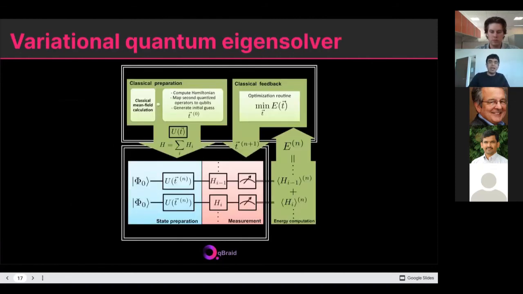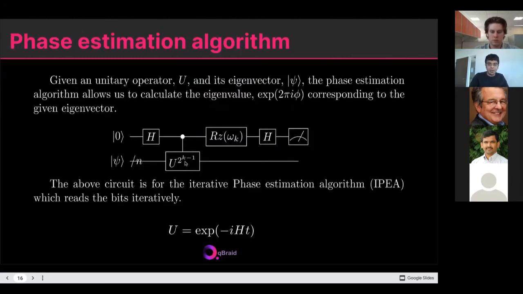And then you have the variational quantum eigensolver. One of the main downsides of the phase estimation algorithm is that this unitary that I showed requires a lot of gates. The gate depth, or the amount of gates that you will have to execute in order to figure out the energy, is huge, right?